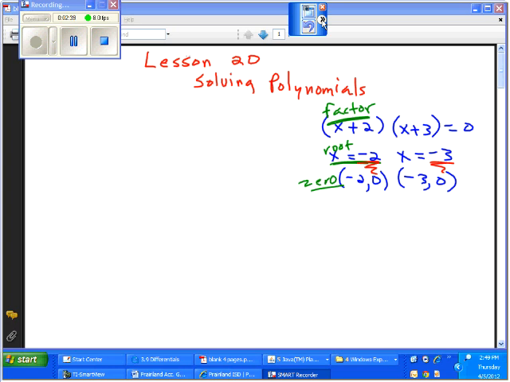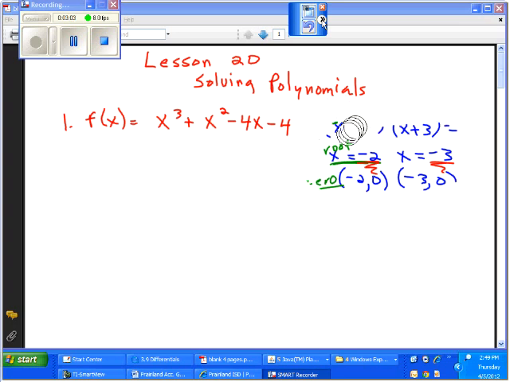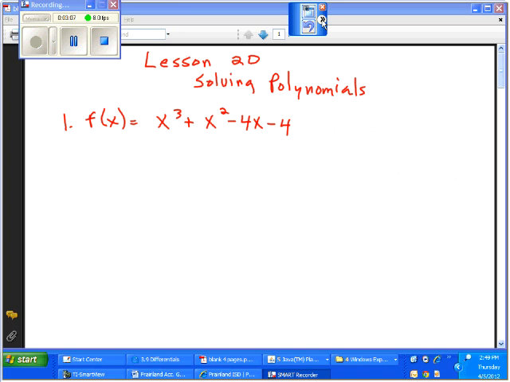The situation, though, is if we're given a polynomial like number 1 on the worksheet, where we had f of x is equal to x cubed plus x squared minus 4x minus 4, then what we want to try to do is kind of think about, okay, if we could find the first root, then we could pull that out as a factor, x minus that root, and that would take us from an x to the third power to an x to the second.